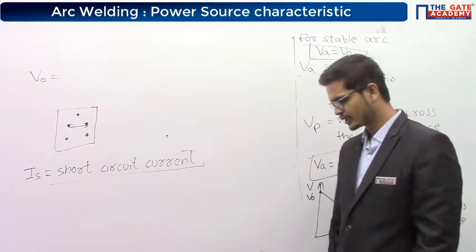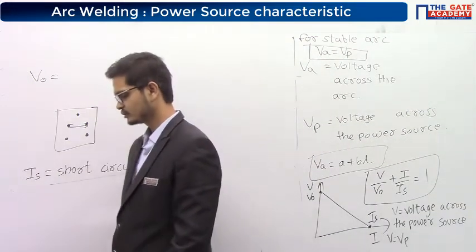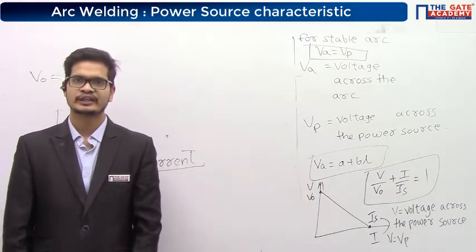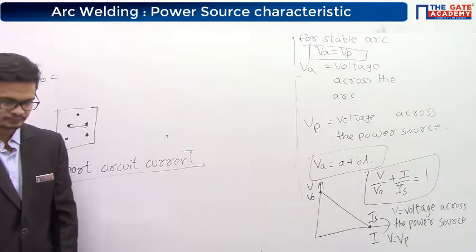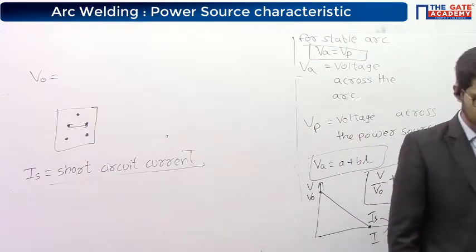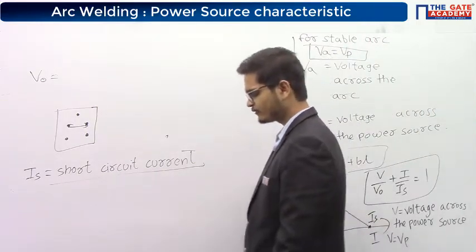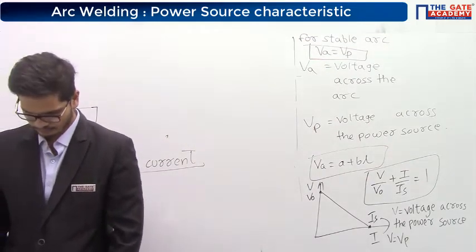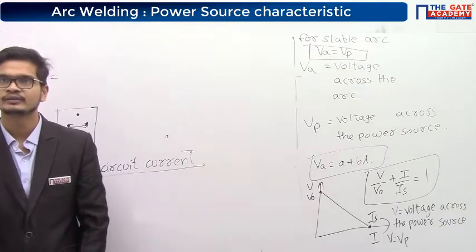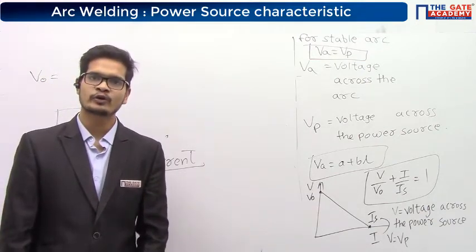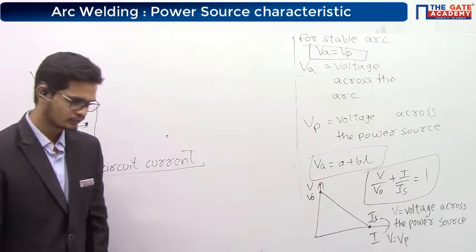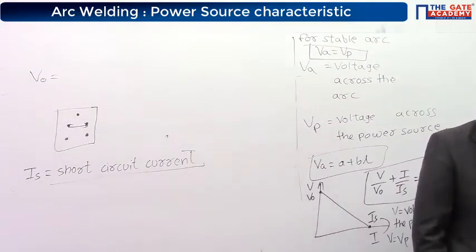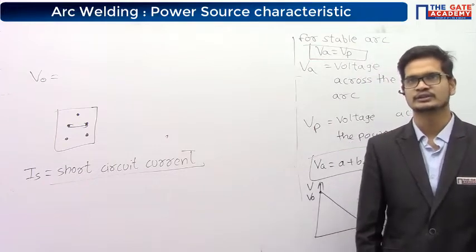It is the maximum current that is allowed to pass through the system. It is the current flowing when the electrode is in contact with the workpiece.